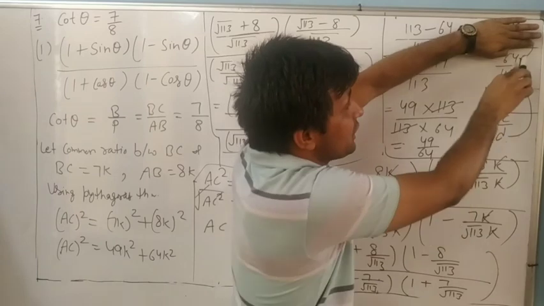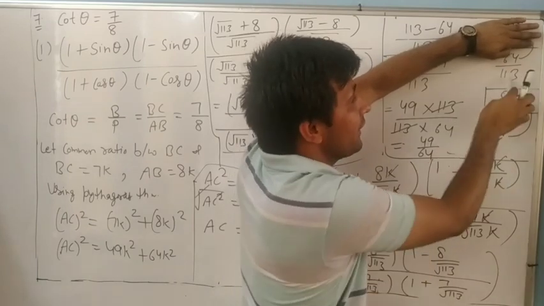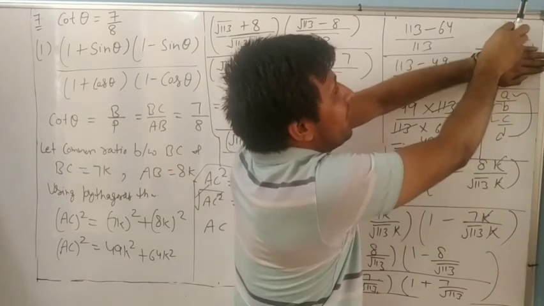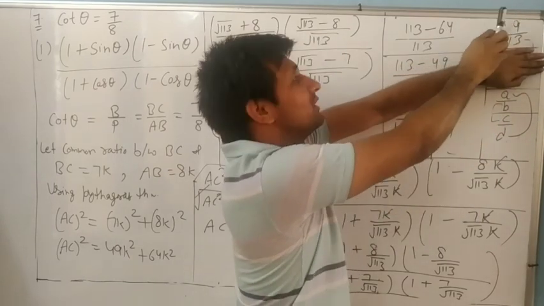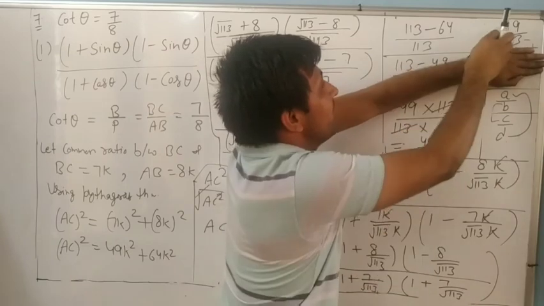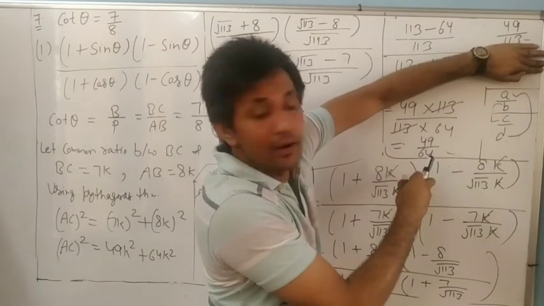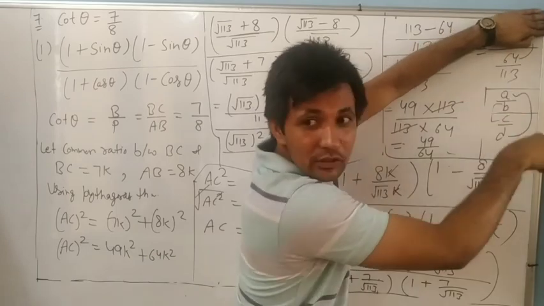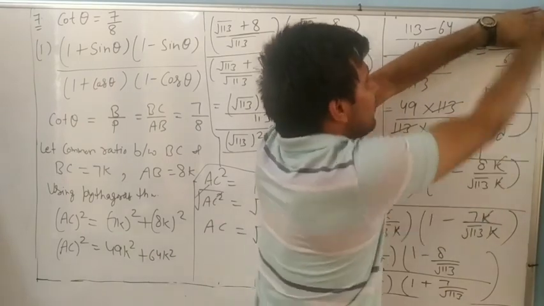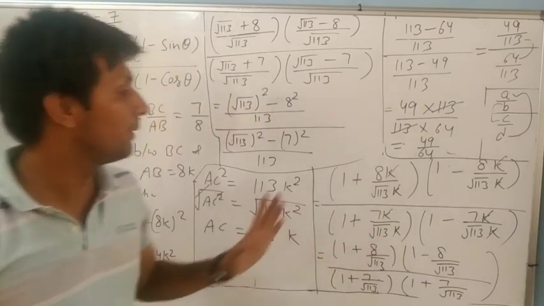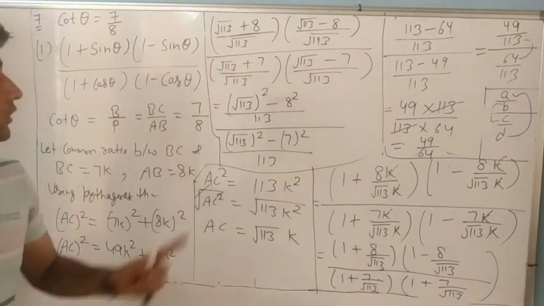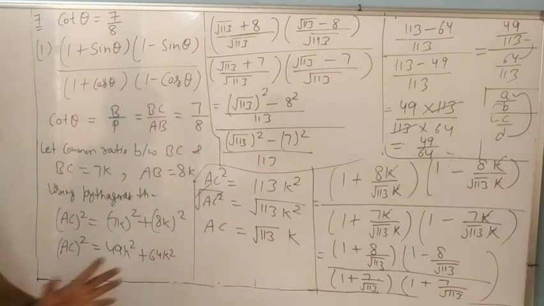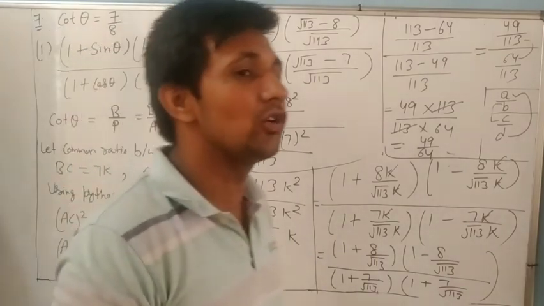Now, here 64 is already in the numerator and it goes upside. Look at 49, it is in the numerator, so it always remains in the numerator, and this one is the denominator. On dividing this side, 64 was downside, so it goes upside. Always remember, okay dear. Only you have to put the values, no need to be confused.